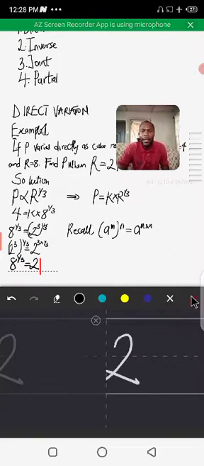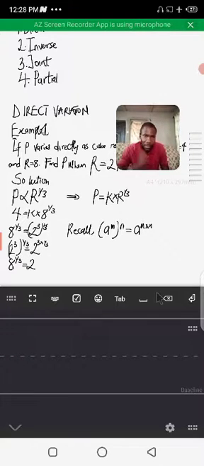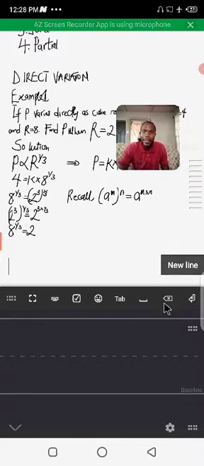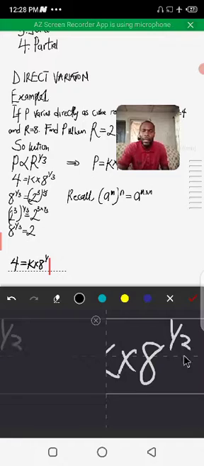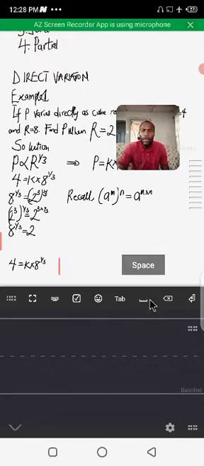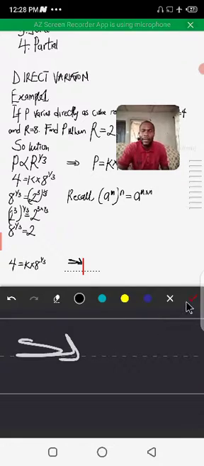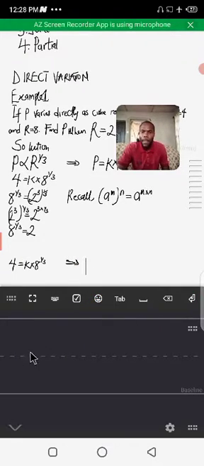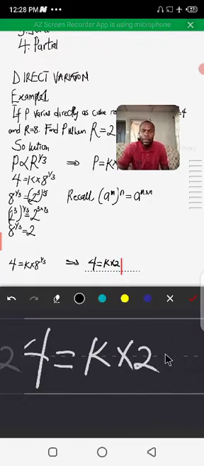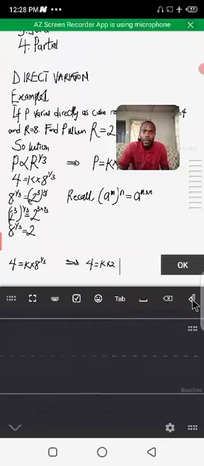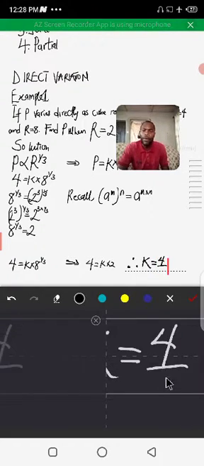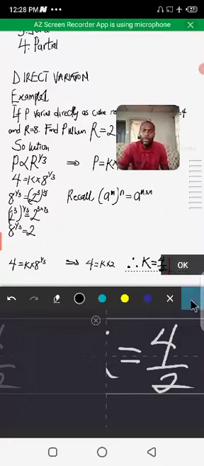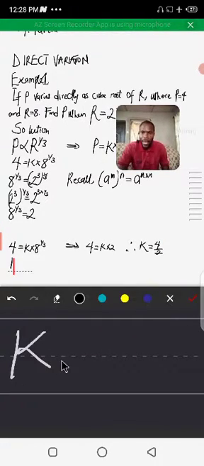You will now go back to our workings that say 4 equals K times 8 raised to power 1 over 3, which now implies that 4 is equal to K times 2. Therefore K is equal to 4 over 2, so K is equal to 2.